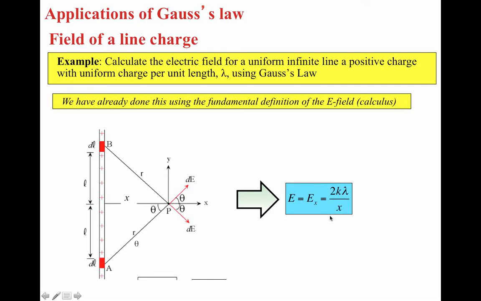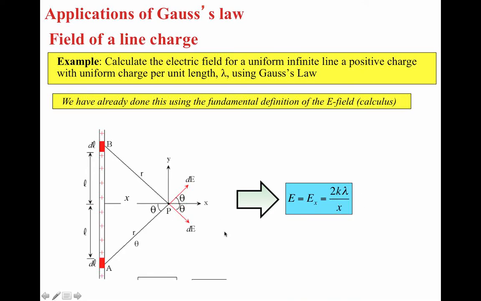After all the integration, we found that the electric field is along the x direction and is equal to this constant value. As a vector, it will be i hat in the positive direction.